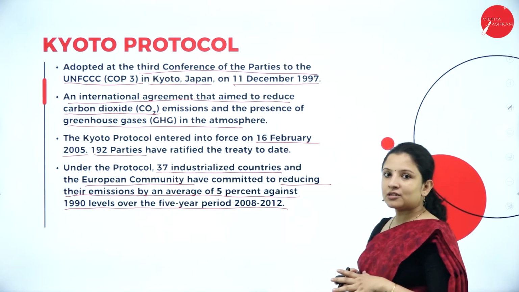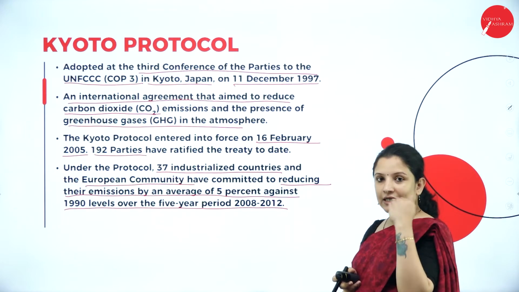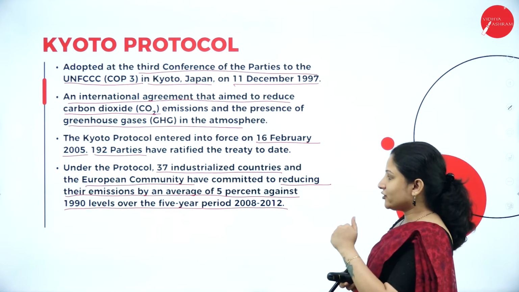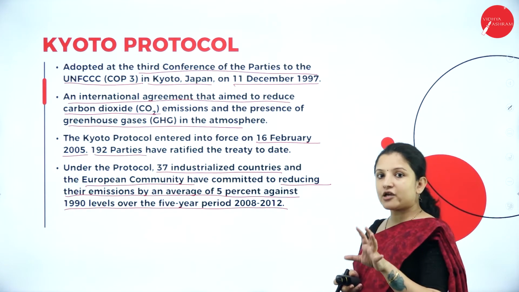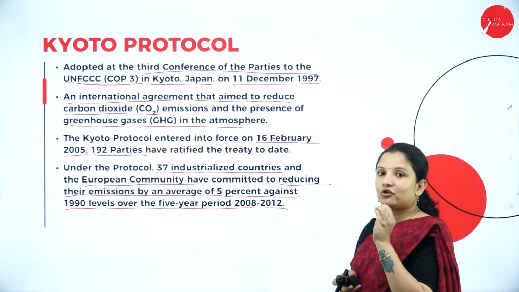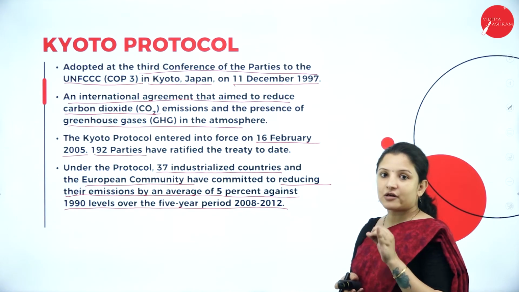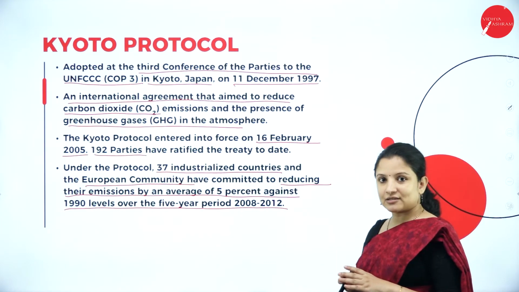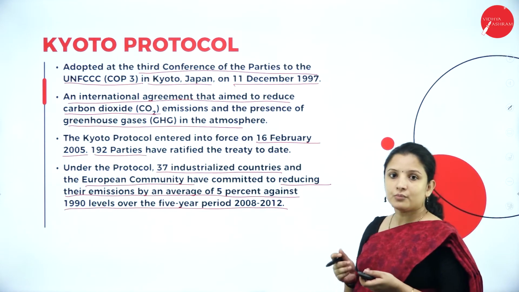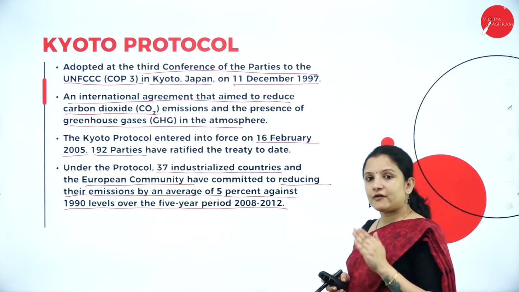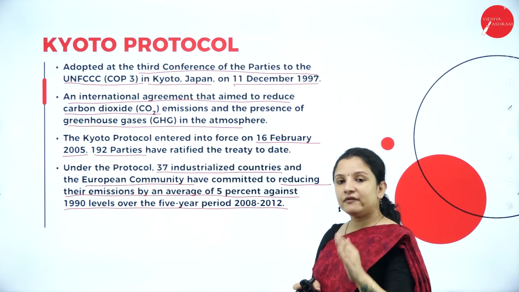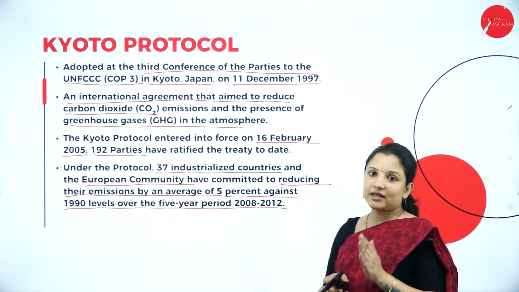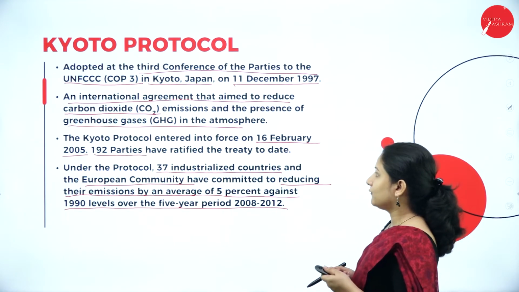So what they have said is, whatever levels of greenhouse gases were present in 1990, in a 5-year period we will make sure that at least 5% of the greenhouse gases get reduced from this planet. That is the oath the 37 industrialized countries took under the Kyoto Protocol. So the main aim of the Kyoto Protocol is to curb the excessive emission of greenhouse gases which can lead to global warming.